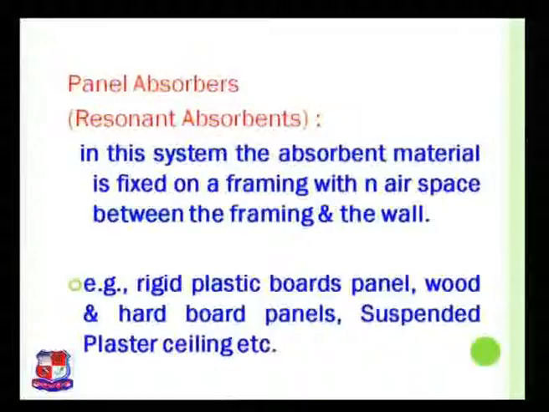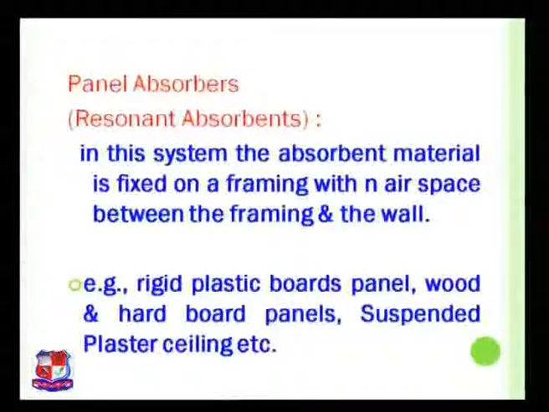These are the panel absorbers. What do you mean by a panel? Panel absorbers are a type of absorbers which can be hung on a particular wall. In this system, the absorbent material is fixed on a framing with an air space between the framing and the wall.